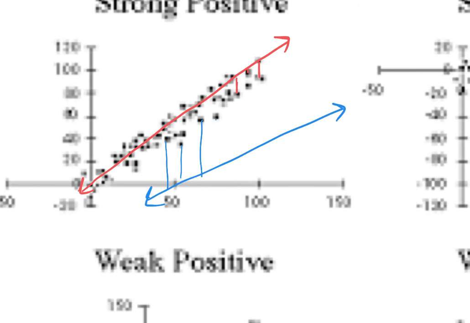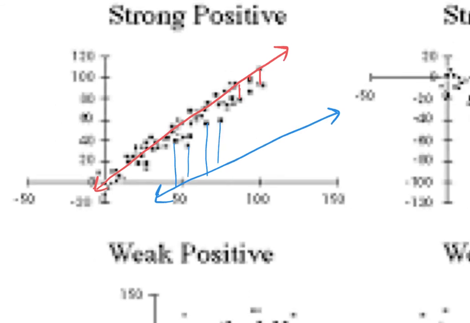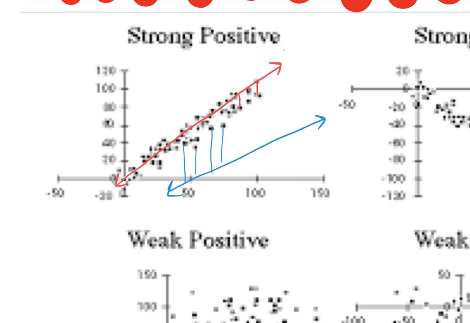Look how big these lines are. The difference between those points and the blue line. So what we say is the red line has a lower residual. So therefore, it's the better model, right? And the blue line has a higher residual and is therefore a worse model.